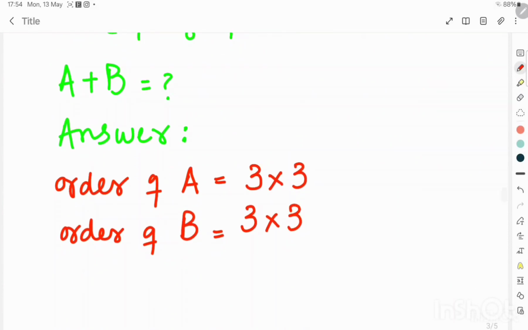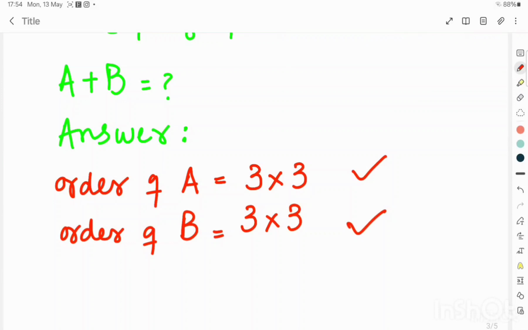So student, here you can see that the order of both matrices is the same. That is, the order of matrix A is 3 cross 3, and also the order of matrix B is 3 cross 3. As the order of both matrices is the same, it means these matrices are compatible for addition.